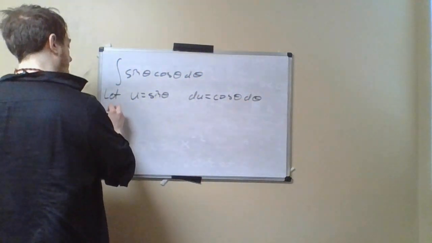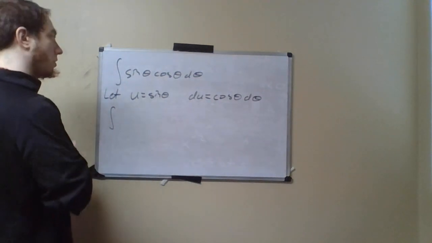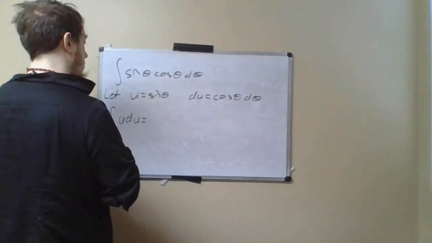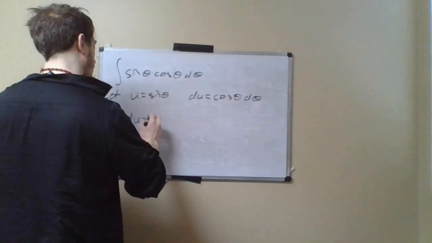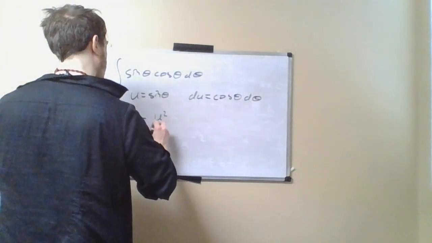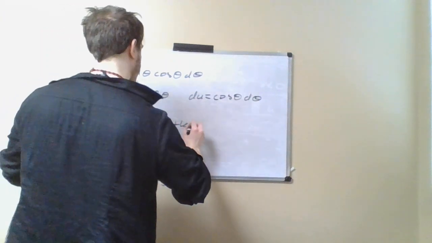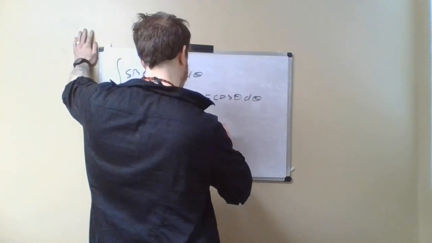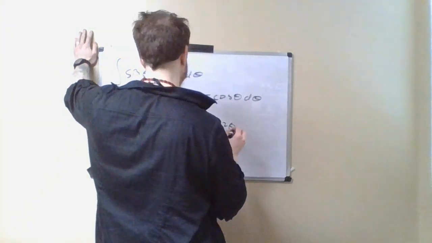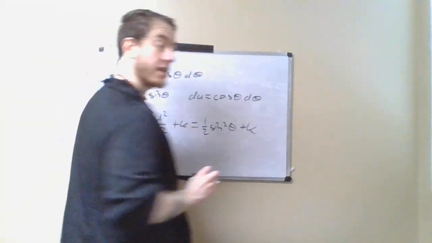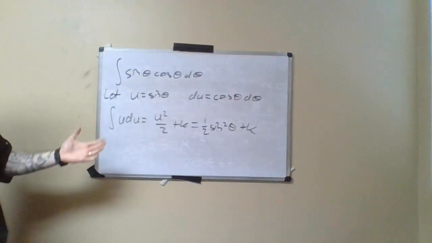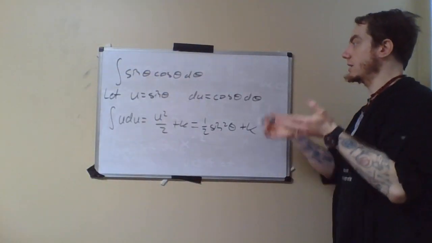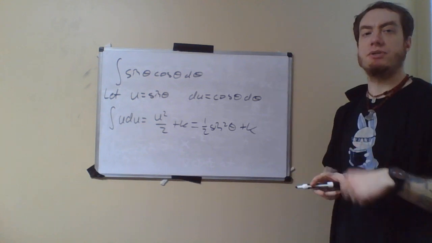And that means that what I really have is the integral of u du, which is going to be equal to u squared over 2 plus a constant. So that is going to be equal to 1/2 sine squared theta plus a constant of integration. And there we go. This is a rather nice little technique that we came up with here.